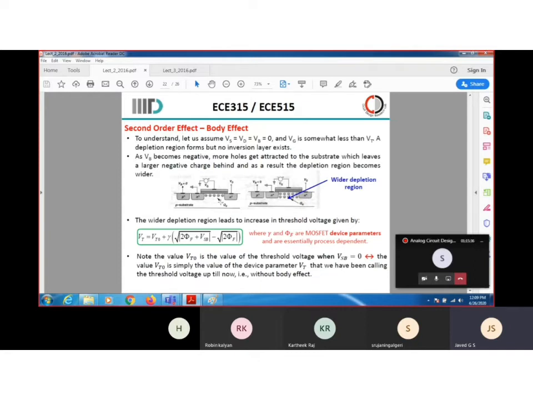How is that happening? It happens as follows. The gamma and phi f are MOSFET device parameters which are process dependent. So phi f is basically the energy function of this device, and gamma is the factor. I don't really recollect. Let me just come back. What is gamma factor called?